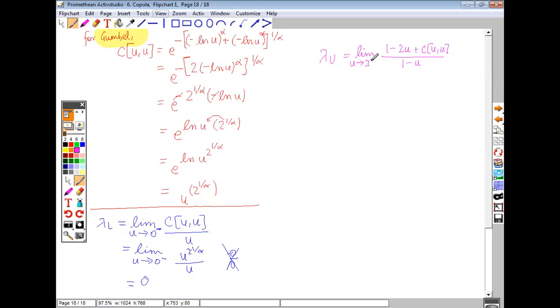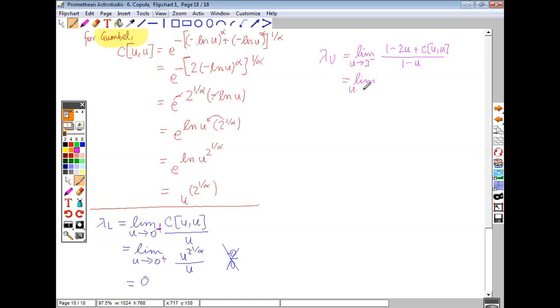And now for the lower tail one, it is u tends to 0 plus, right? Oh yeah. Yes. Thank you very much. Good observation. Yeah, it should be plus and minus here. Yes. Good. Okay. So now that we are here, what will we do?